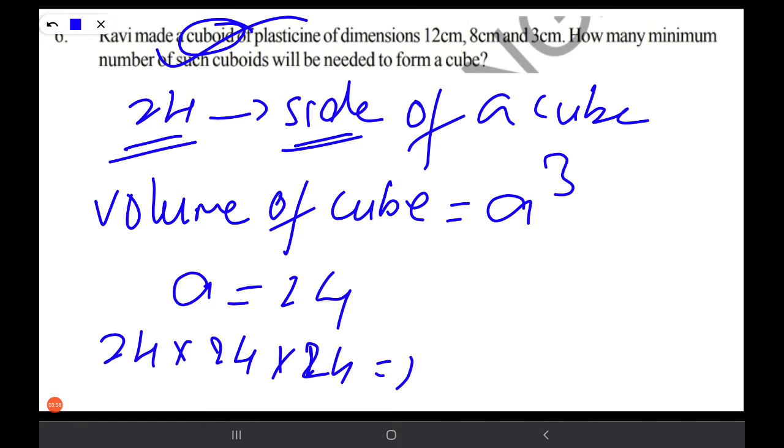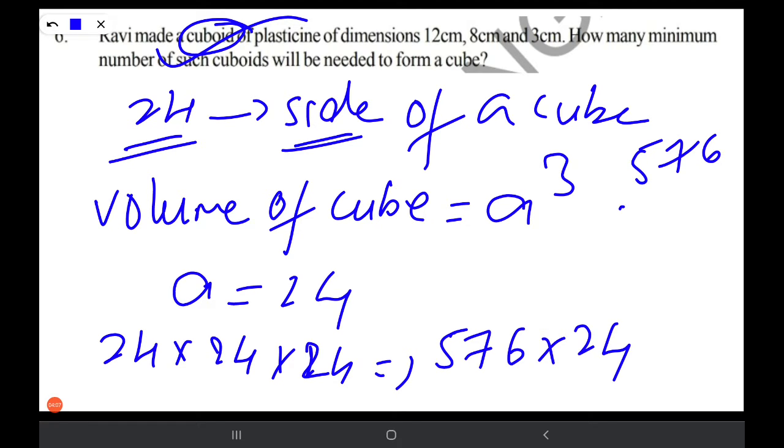So 24 times 24 is 576, into 24. So what does it become? 576 into 24. 4 sixes are 24, 4 here, 2 carried; 4 sevens are 28, 30, 0 here, 3 carried; 4 fives are 20, 23.